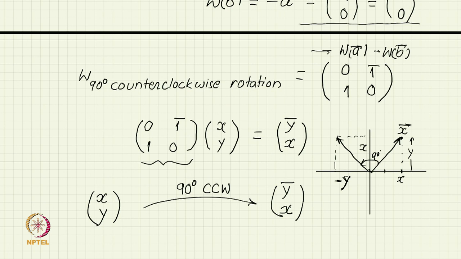The y component becoming x is very much visible, since we are rotating by 90 degrees clockwise, so the x axis is coinciding with y. So, the y component will now be x, and because the y axis collapses into the minus x direction, the x component is minus y.